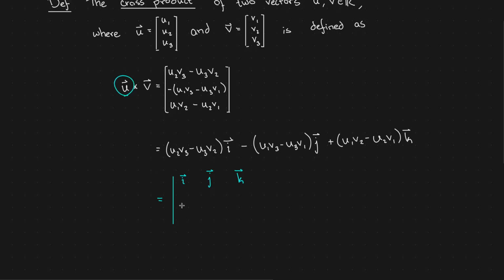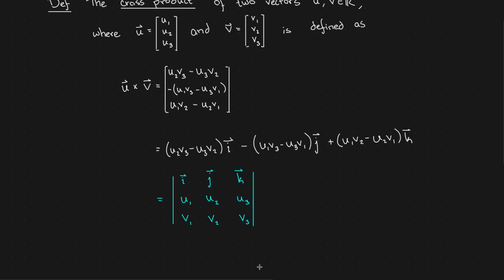The components of vector u are the second row of the matrix we're taking the determinant of, and the components of vector v are the third row of the matrix we're taking the determinant of.